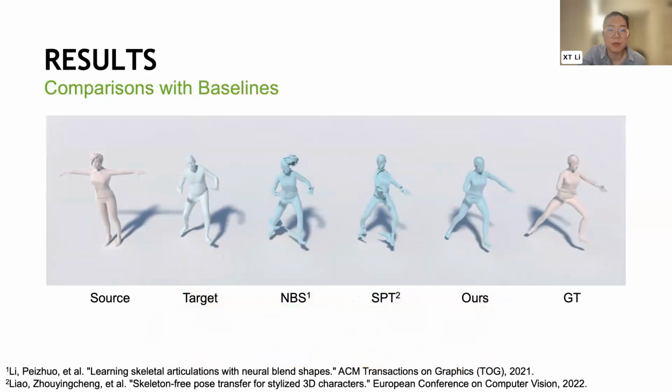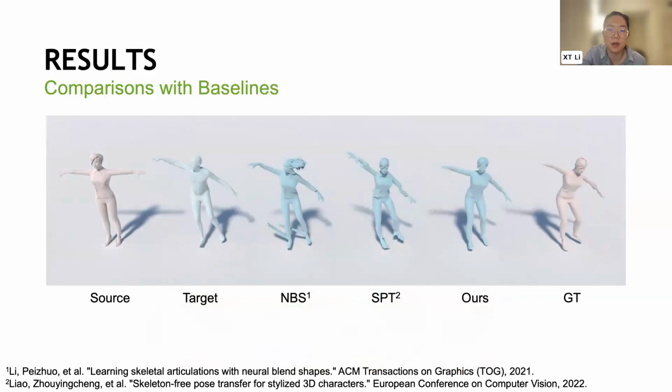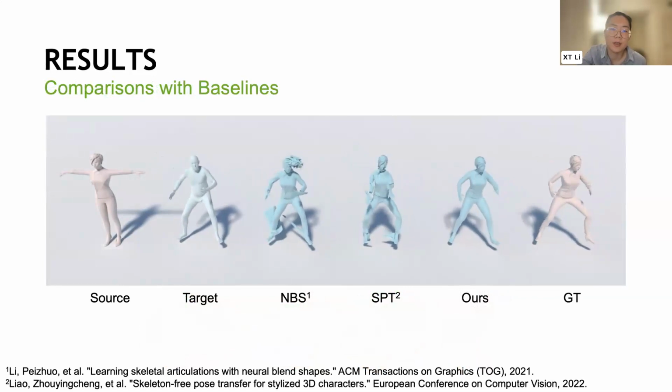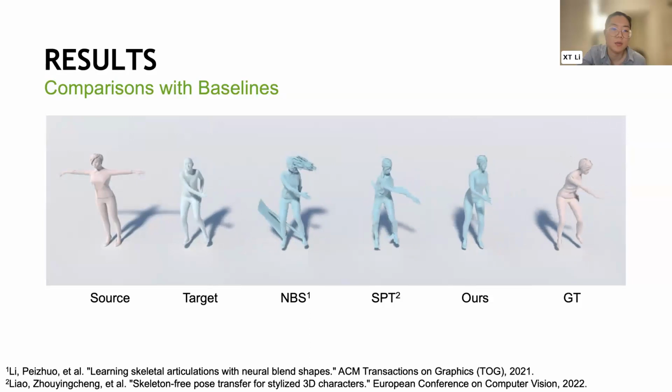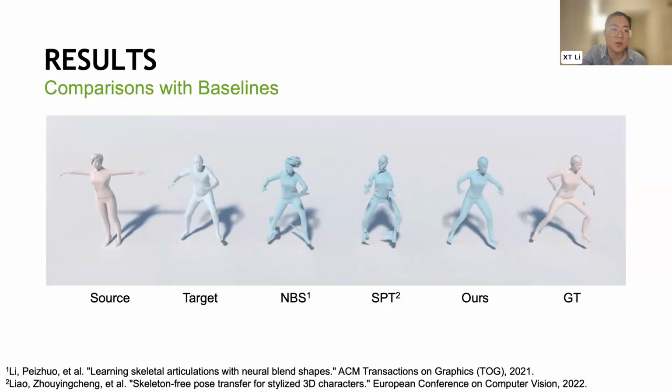We also show some comparisons for pose transfer on two baselines. One baseline is the NBS baseline trained on naked and clothed humans, but we can see it struggles to generalize to stylized characters, which have different topology.